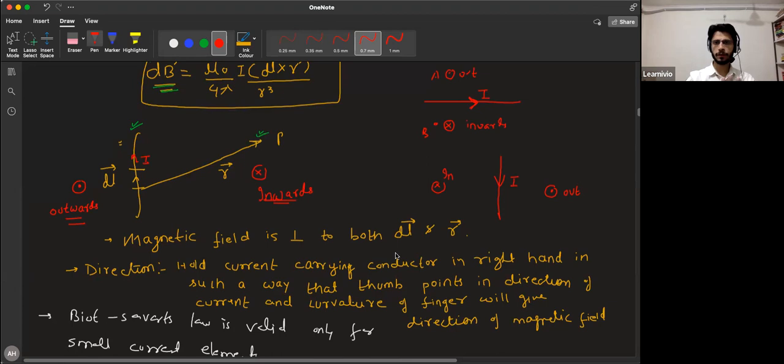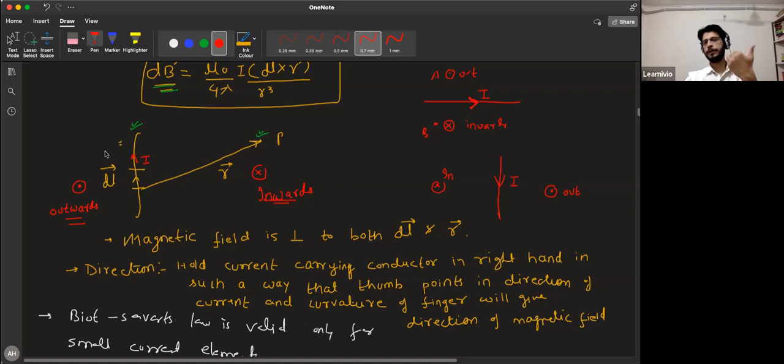Nabil Khan, is it clear now? Anshika? Nabil, is this outwards, inwards clear now? Yes, sir.